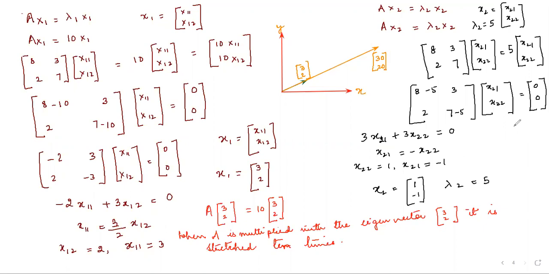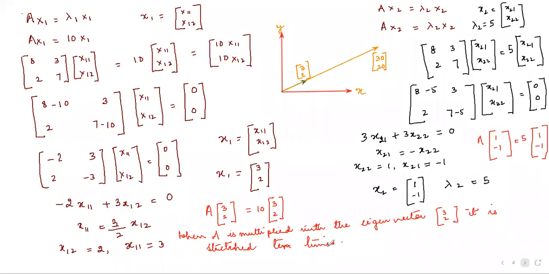The equation for this part is A times 1 minus 1 is 5 times 1 minus 1. Okay. So what would happen here? Again, there will be a stretch, and we'll see here what happens.